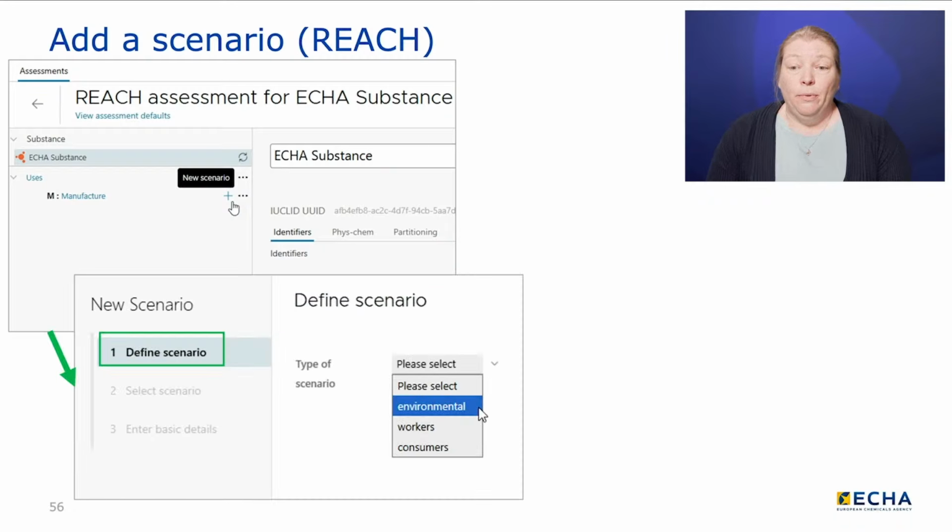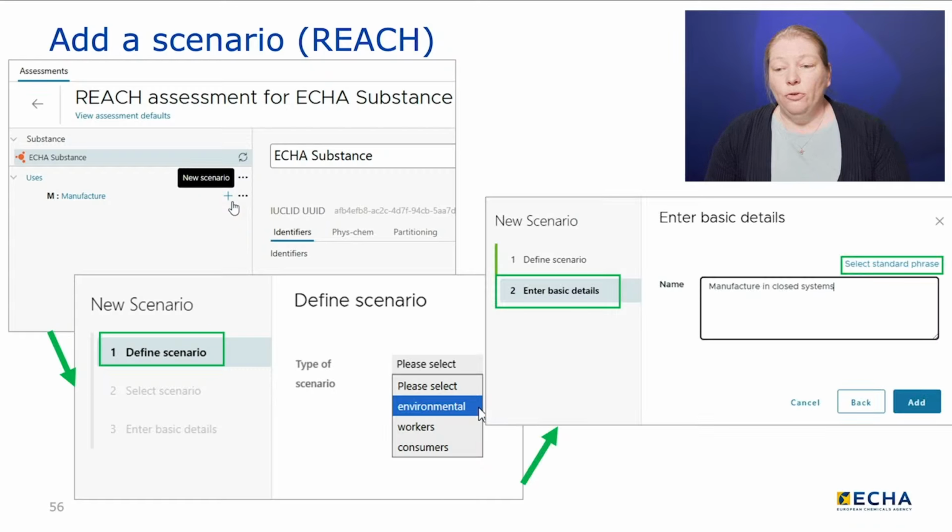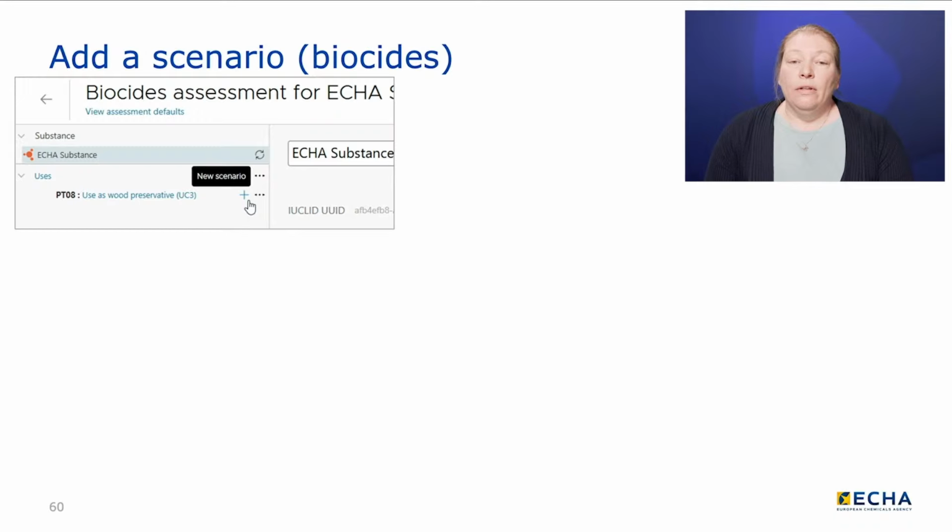In the first step of the wizard for REACH, you need to select whether you want to add an environmental scenario or a scenario for workers or for consumers. Once you have made that choice, you need to provide a name for the scenario. And as for the uses, this name can also be a standard phrase. And once you select Add, the scenario will be added. Now we move to the view for the biocides.